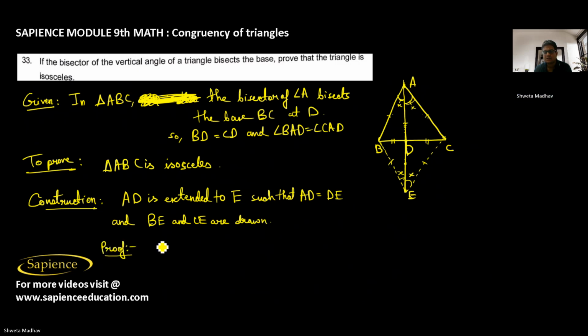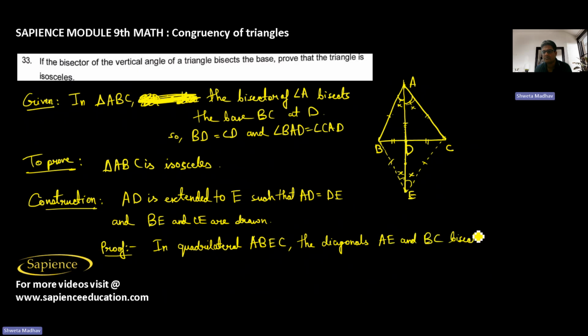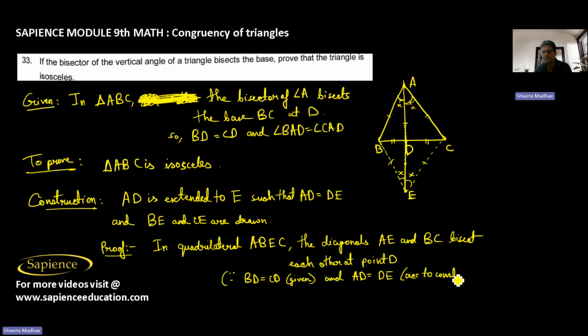Proof is that. So here you can see that in quadrilateral ABEC, the diagonals AE and BC bisect each other at the point D. Since BD is equal to CD, which is given, and AD is equal to DE, which is according to the construction.